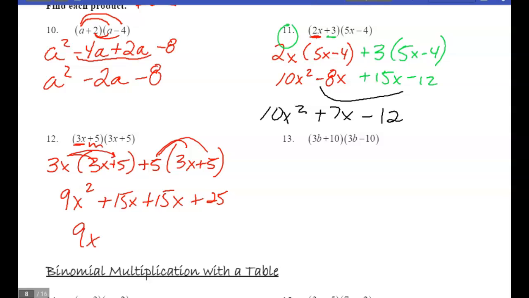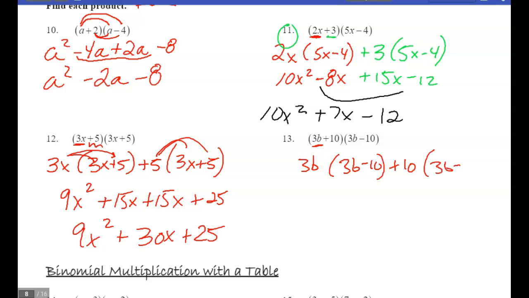So then I combine my middle terms. I'm done. Over here, now we notice that they are opposite each other. So we got 3b times 3b minus 10. We took care of that. And then we get a positive 10 times 3b minus 10.